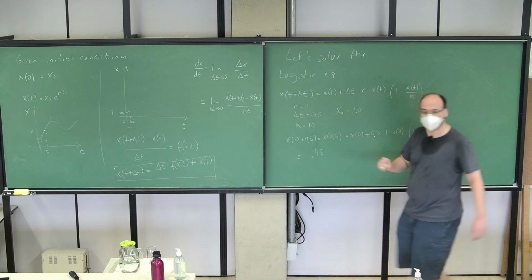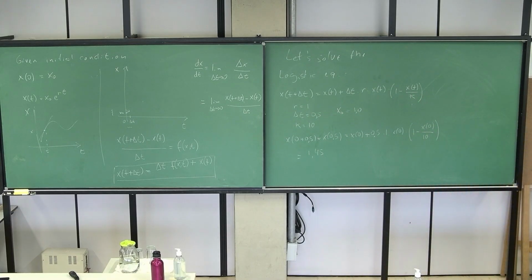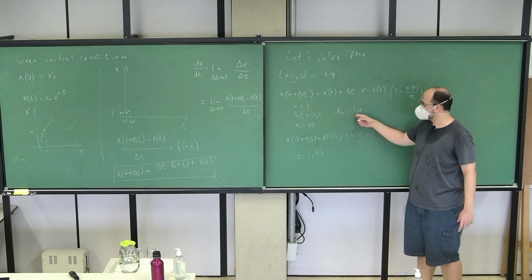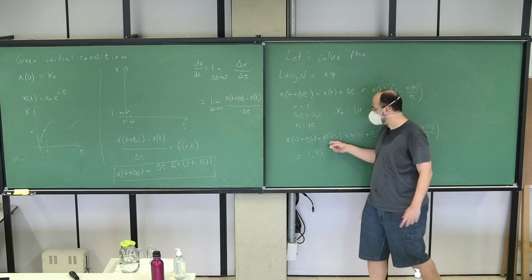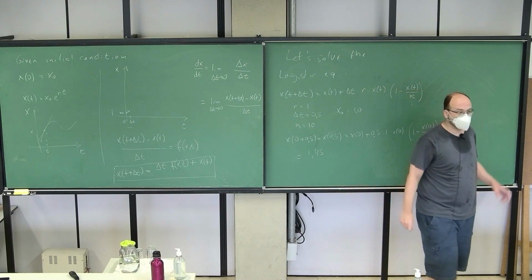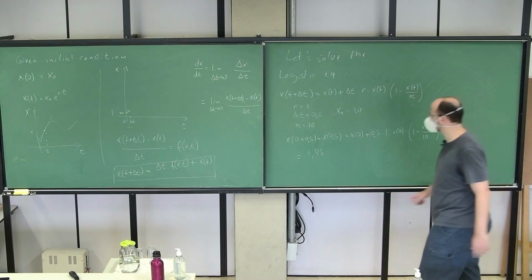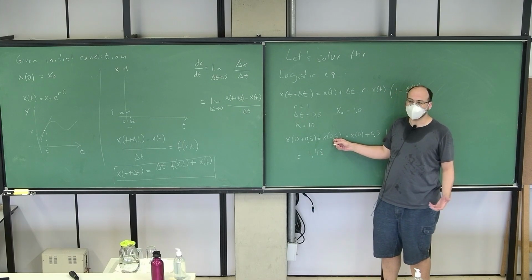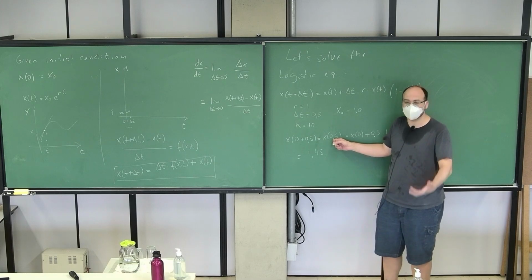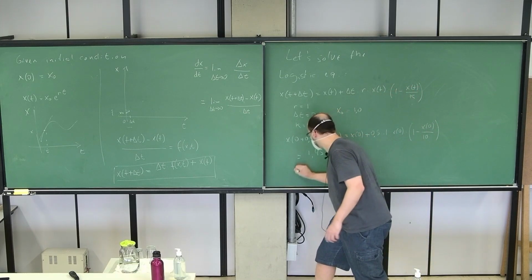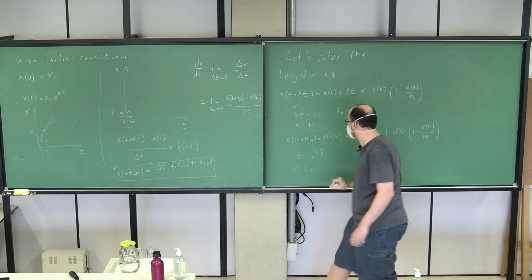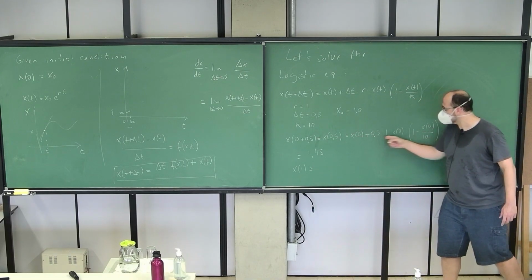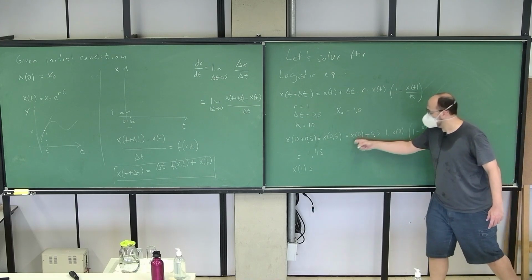1.45. So what we arrive at, we started with x at time 0 is 1, now x at time half is 1.45. And now to do another step, I now have x at 0.5, I can now calculate x at the point 1. I do another step, so it's 1/2. So x of 1 will be the same thing as here, but now instead of x at time 0, I use x at time 1/2.